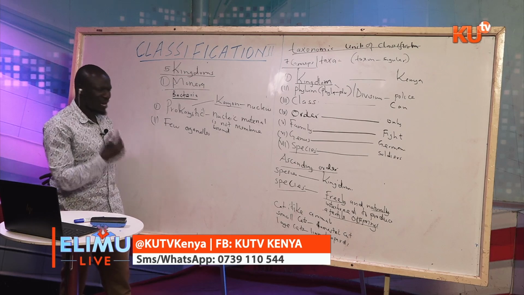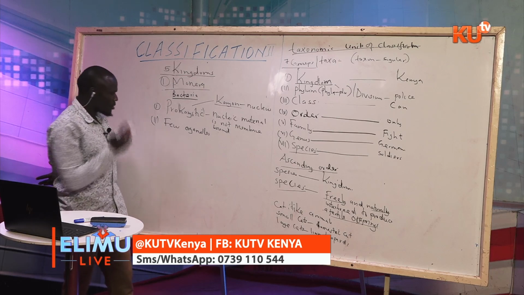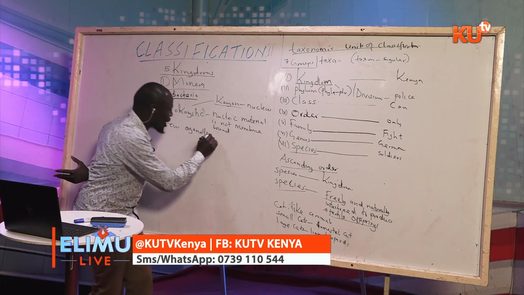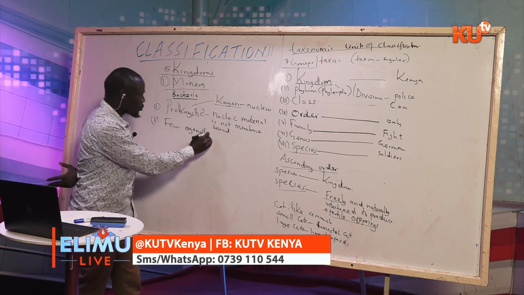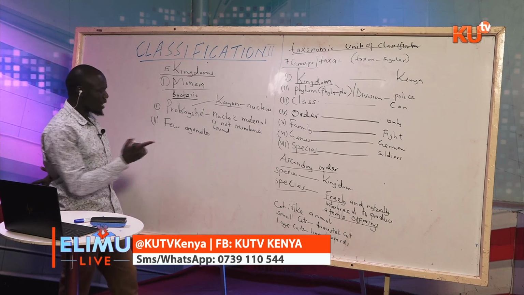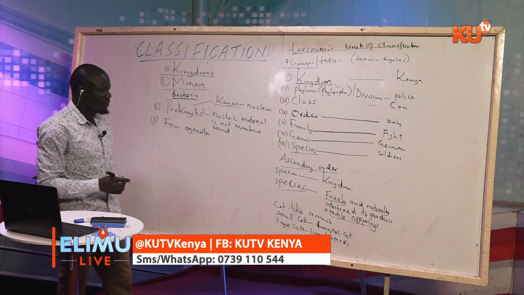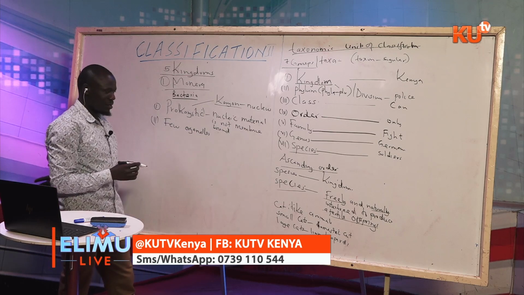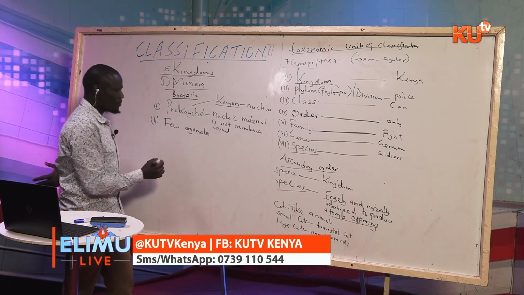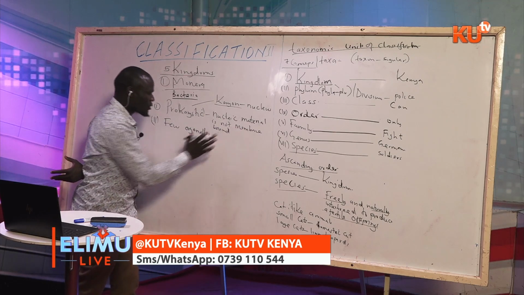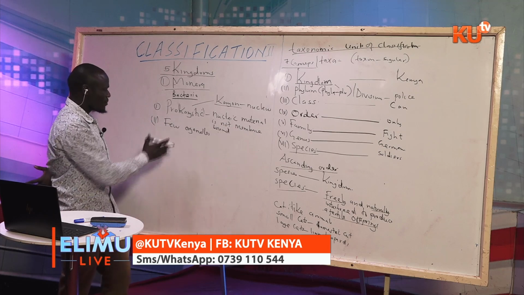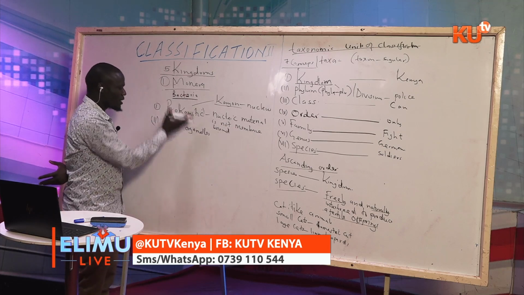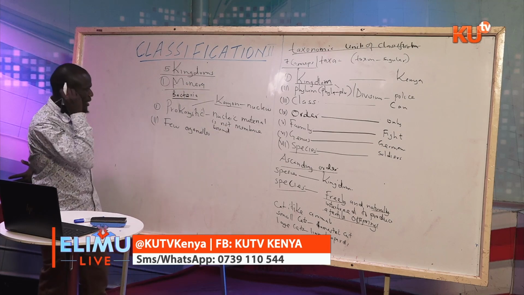For instance, they are lacking mitochondrion, and these organelles are not well organized. At the same time, they are not membrane bound as well. This is one of the features that made the bacteria be placed under the kingdom Monera.